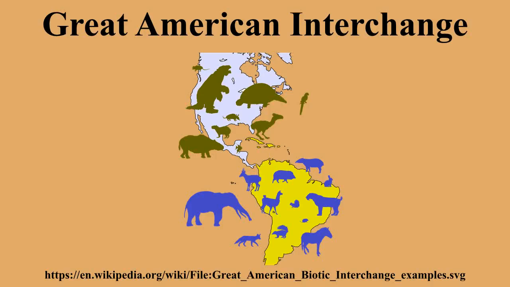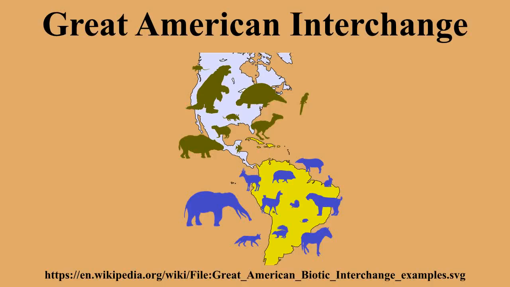The occurrence of the interchange was first discussed in 1876 by the father of biogeography, Alfred Russel Wallace. Wallace had spent 1848 to 1852 exploring and collecting specimens in the Amazon basin.